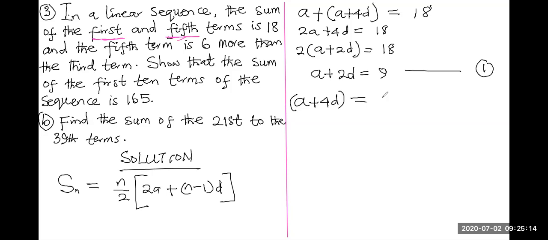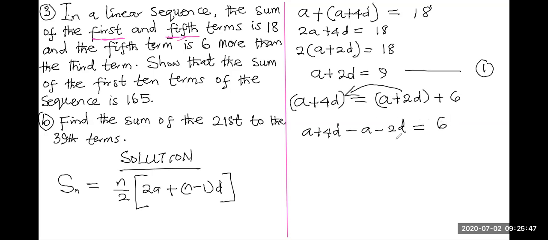That means your mom gave you the third term, which is a plus 2d, and your dad now gave you 6 more, plus 6. And of course, when you simplify this, the whole of this expression can come over here. You have a plus 4d, minus a, and if plus 2d comes over to the left, minus 2d, equals 6.